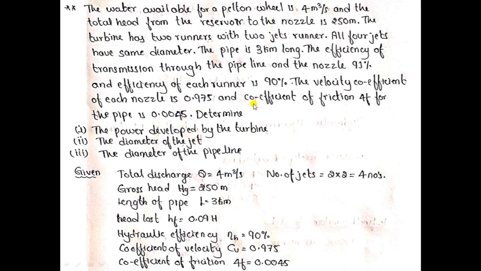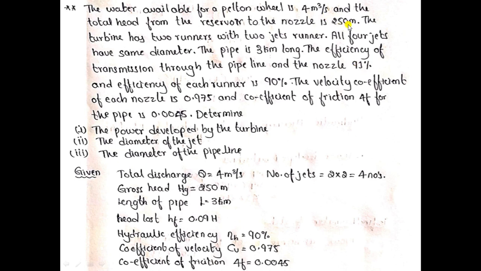So if we go through the problem, the total discharge is given, which is 4 meter cube per second, and the total head from the reservoir to the nozzle is given, which is 250 meters. This is actually the gross head, and it has been mentioned that the pipe is 3 kilometers long and the efficiency of transmission is 91%. It means that 9% is losses.